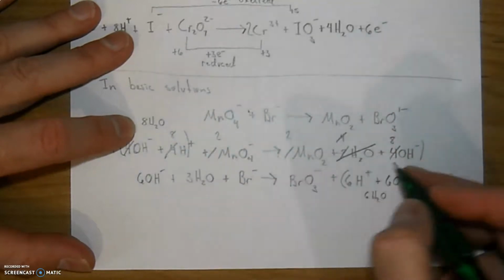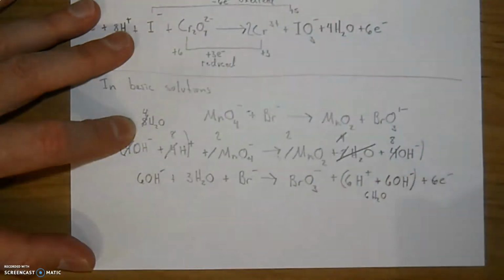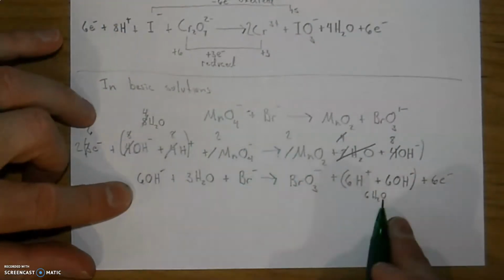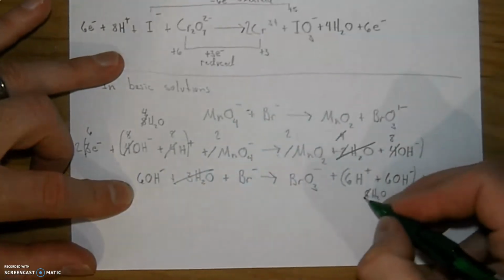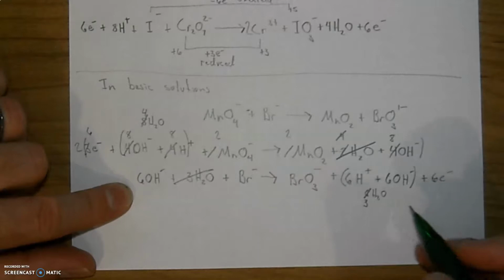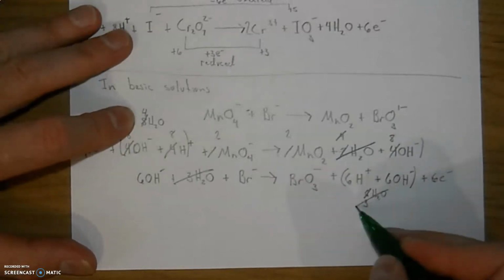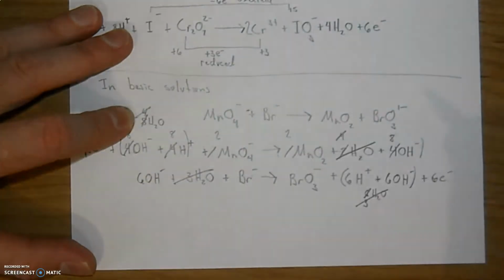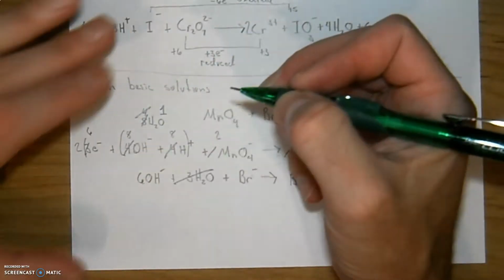And that leaves me, if I get rid of these 4, now I have 4 of these left over. Going back down to here, for this one here, I have these 6 and these 3, and this is down to 3. So now as far as how many I have total left over, all of these are gone. And this is now just down to 1. Okay, so I have 1 water.